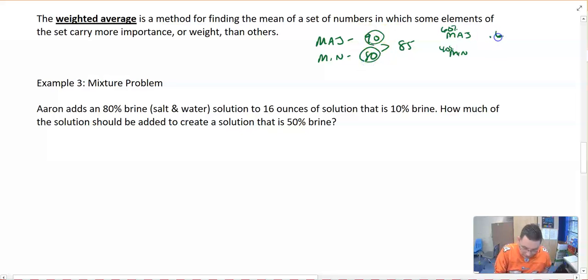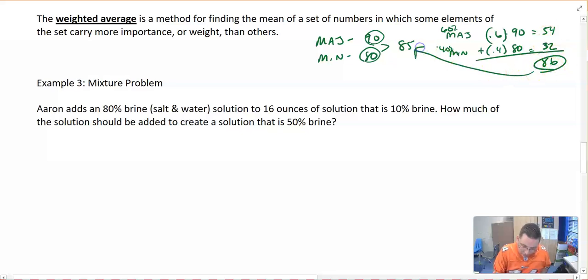So it would be the 0.6 times 90, because remember we have to change our percents to decimals, and it would be the 0.4 times 80, and when we add those together, well, this is 54, and this is 32, we get an 86. So you see that when the higher thing has more weight, it's going to cause it to be above just if we were doing a regular average of everything being equal.